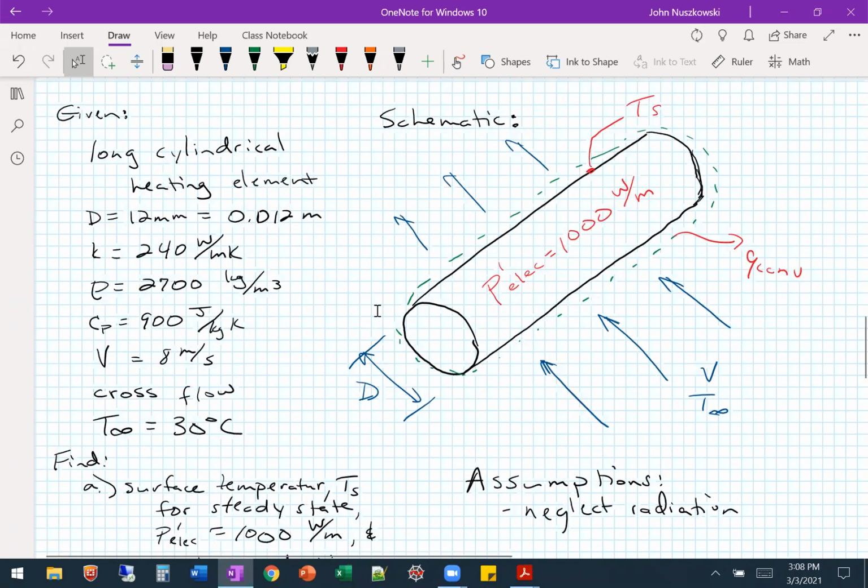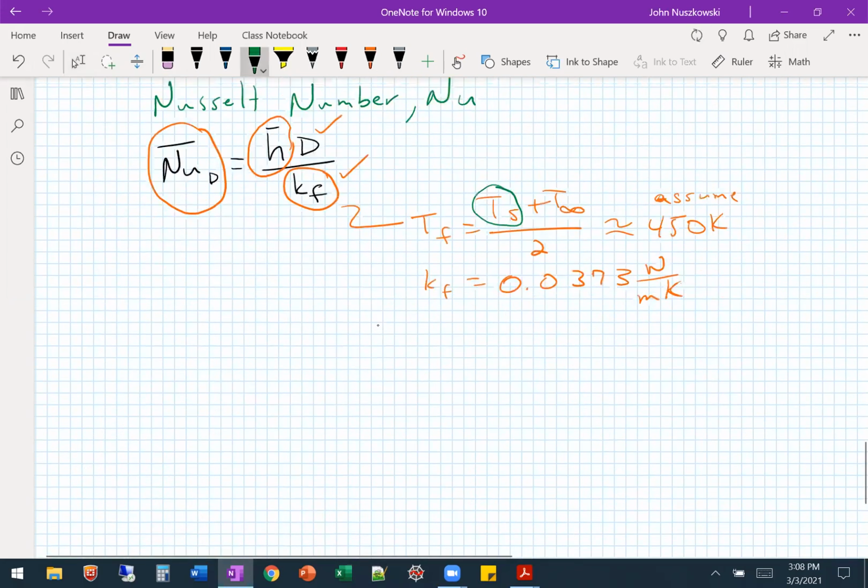So we have cross flow over a cylinder, right? Anything else? What else? The Reynolds number.